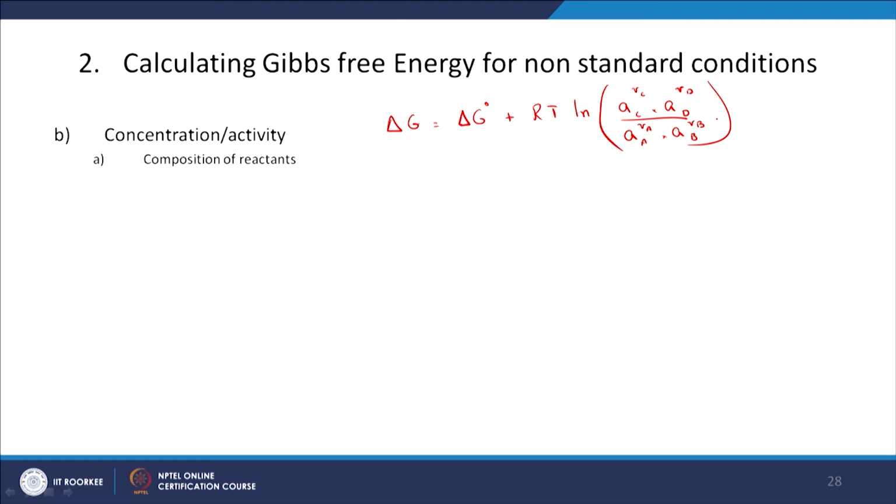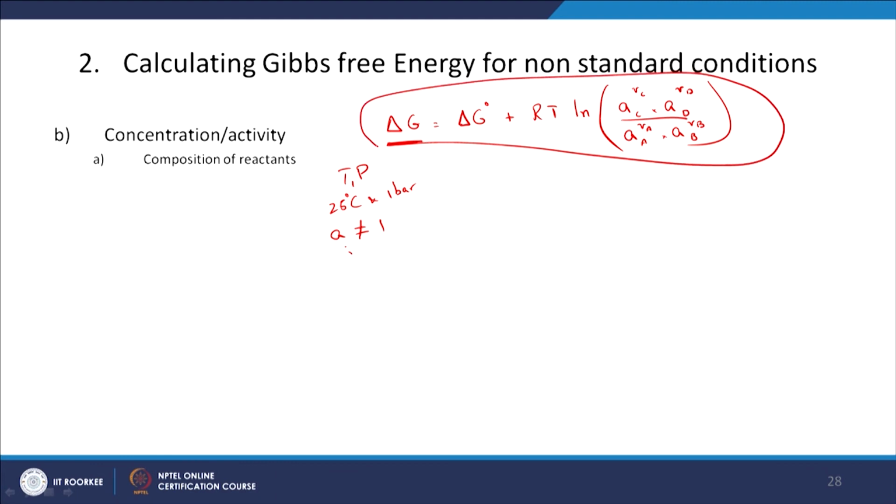And so, this is what we have here. So, delta G at non-standard conditions, as in the temperature and pressure are still at 25 degrees centigrade and 1 bar, but the activity is no more equal to 1 for the relevant compounds, and so then we end up getting this particular equation. So anyway, this is the take home message. You don't need to mug this up in greater detail, right.